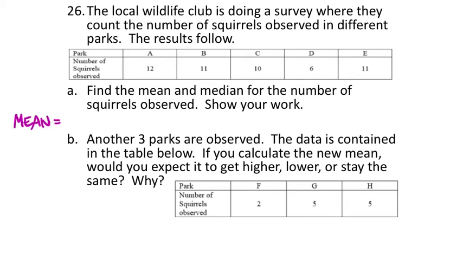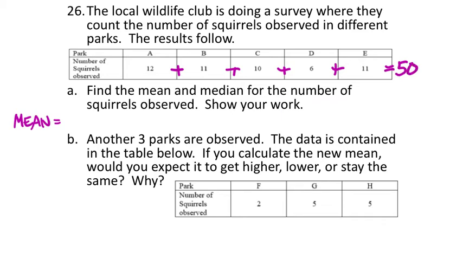Let's find our mean. So to find the mean, first thing I'm going to want to do is add these 5 values together. And that will give me the sum for the mean. So 12 plus 11, 23, 33, 39, 40, 50. Oh, that's nice. Came out very nice. It's a sum of 50 squirrels.